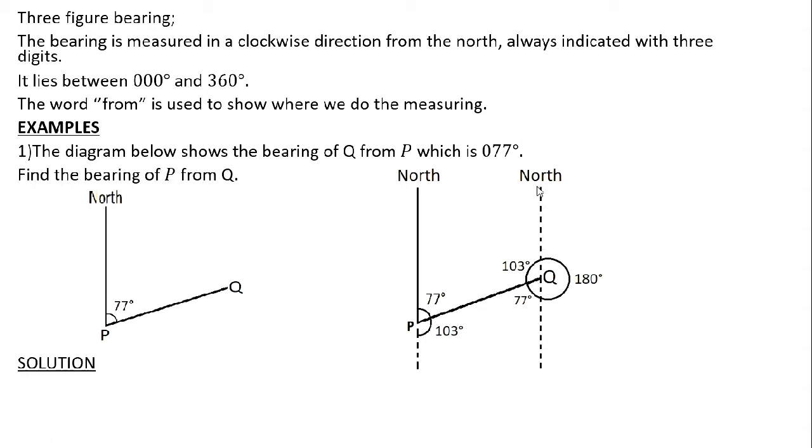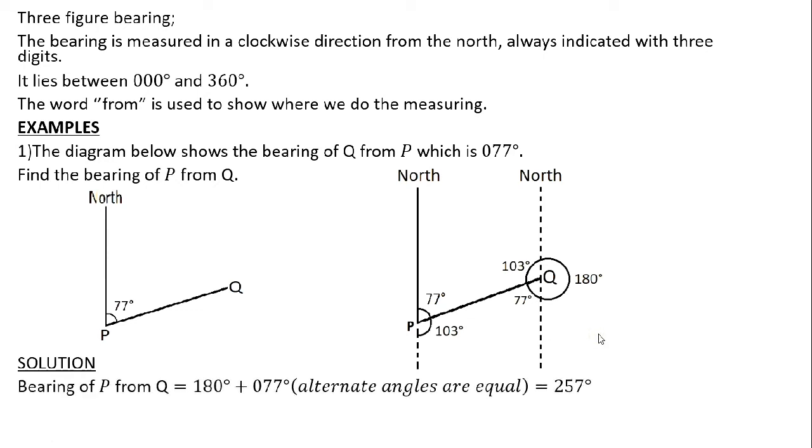So to find the bearing of P from Q, meaning we want to find the angle from the north at Q to where P is. So we have this angle. We'll have to add 180 plus 77 degrees. Or we'll subtract 360 degrees, the whole complete revolution, minus 103 degrees.